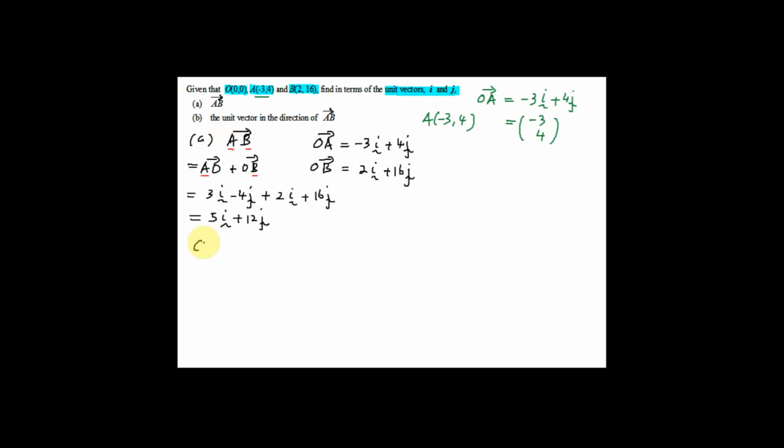Now for part B, we have to find the unit vector in the direction of AB. How to find the unit vector in the direction of AB? You have to know the formula.